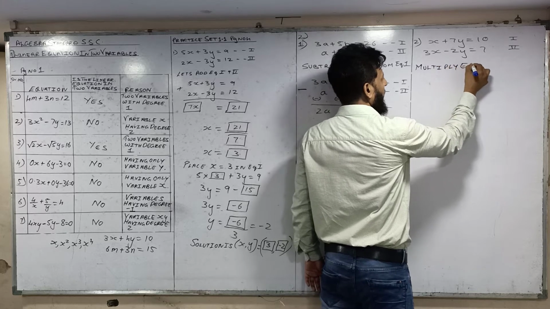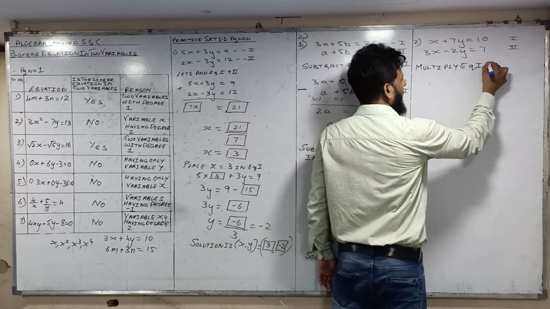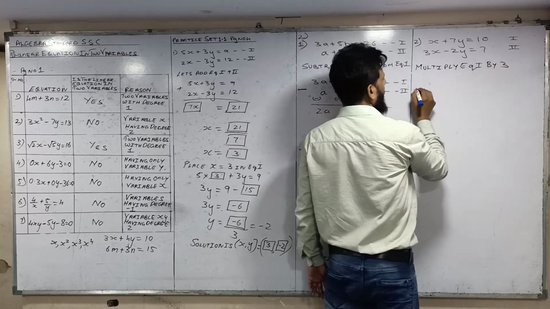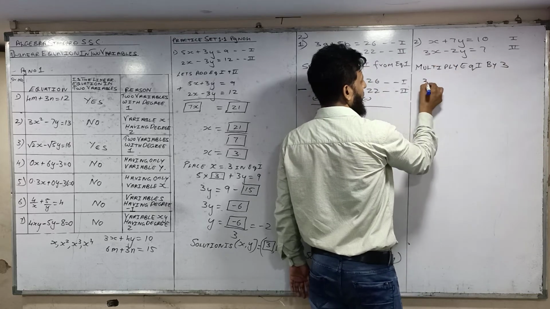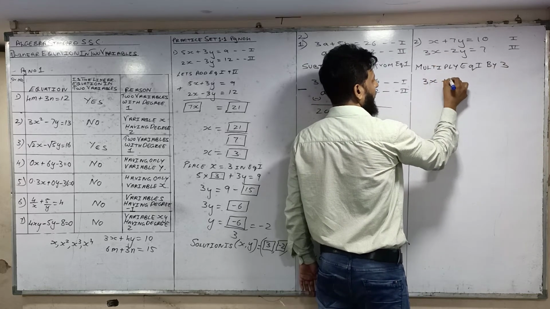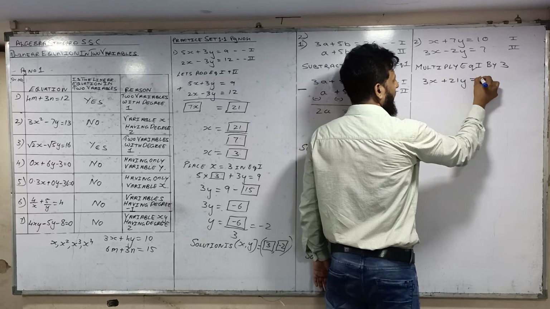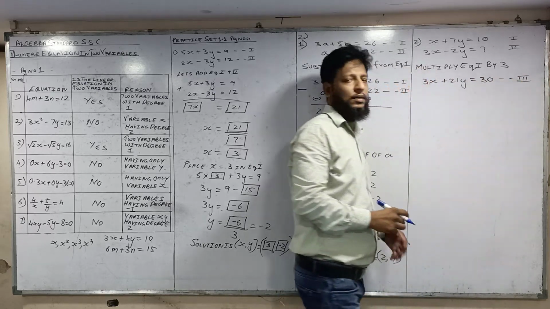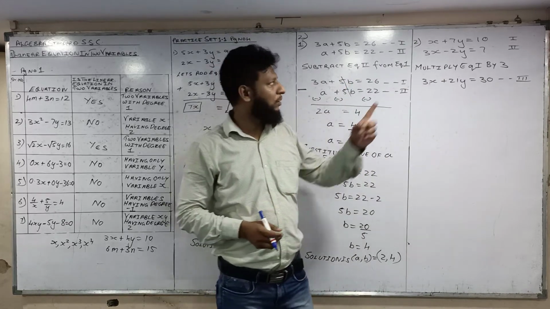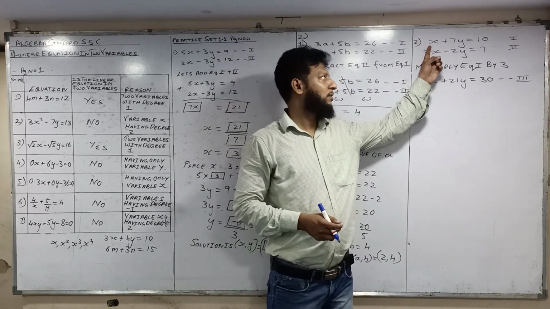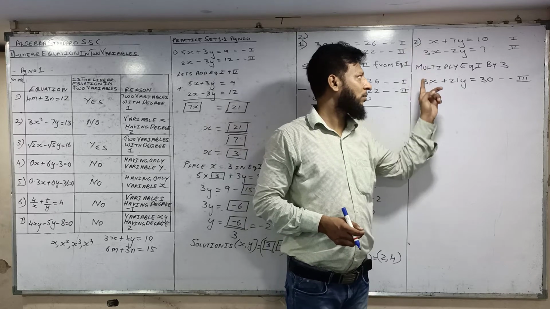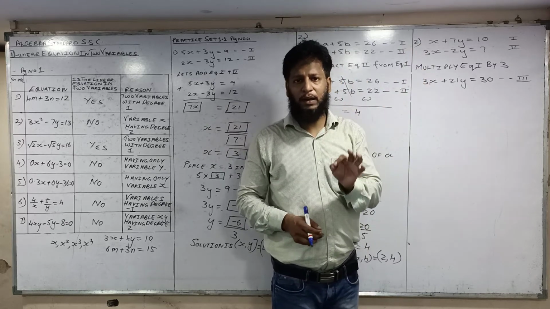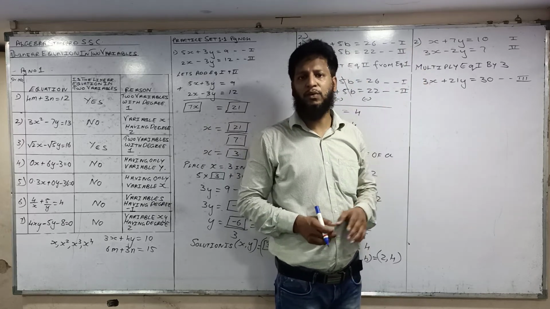Multiply equation 1 by 3. So 3x, 3 sevens are 21, and 3 tens are 30. The most important thing to remember is, don't just multiply x with 3. When you are multiplying, you have to multiply the full equation.